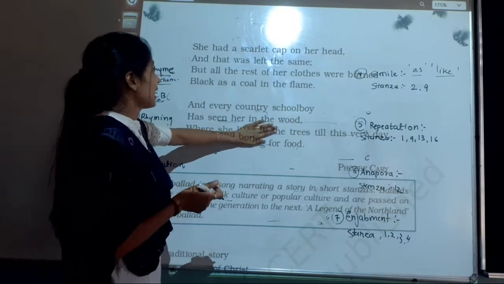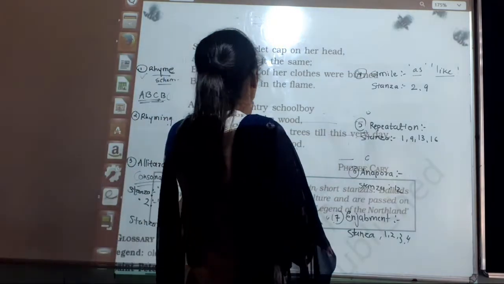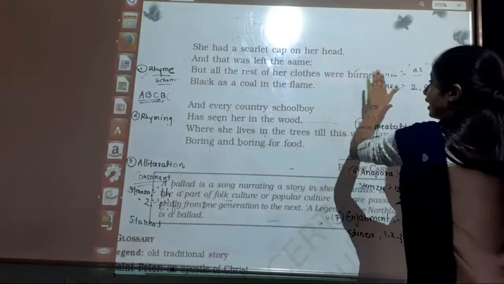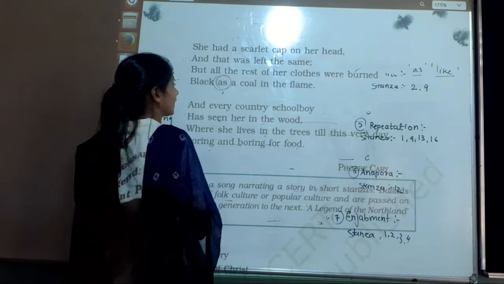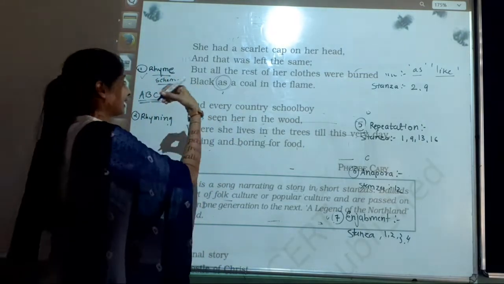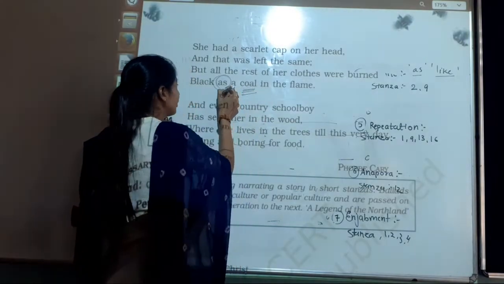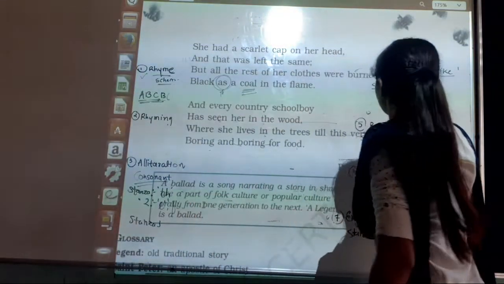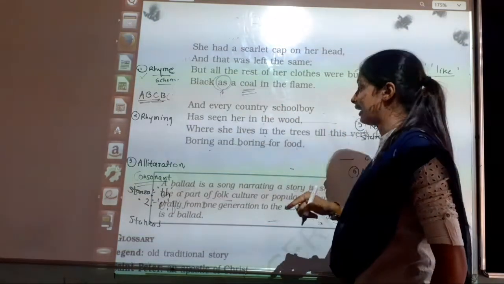So here stanza number 9, see which example is given here: "but all the rest of the clothes worn black as" simile here. This word again, whose clothes become the black, and it is comparing the black clothes with the coal, right? So by using this word, this also becomes the example of simile. So students, this is also an example of simile.